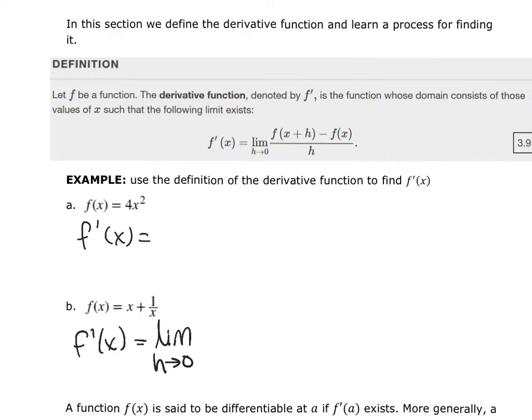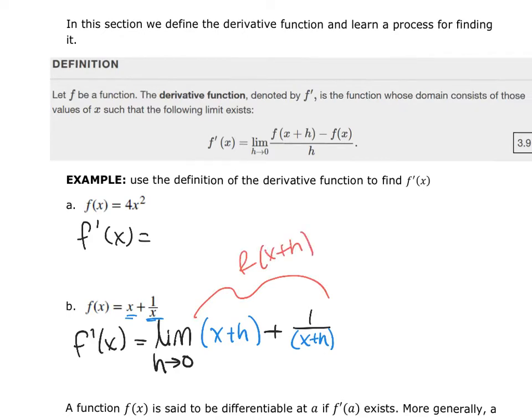Now everywhere I see x in my original function, I replace with x plus h. So this gets replaced with x plus h, and this gets replaced with x plus h. All of that represents the f of x plus h.